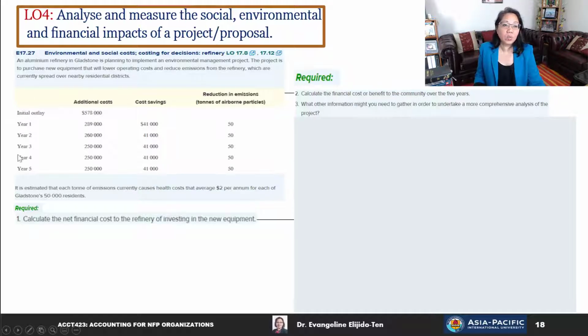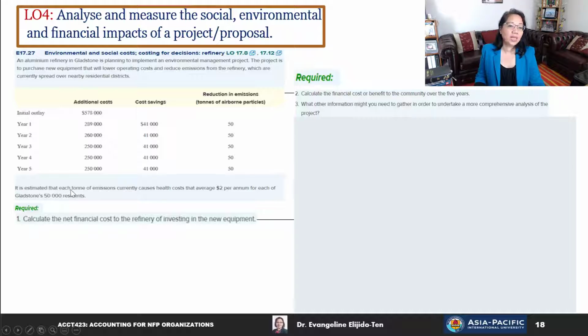We are provided here with a table with the initial outlay and additional cost for each of the 5 years, the cost savings, and the reduction in emissions in terms of the tons of airborne particles. So that's 50 tons for every year.